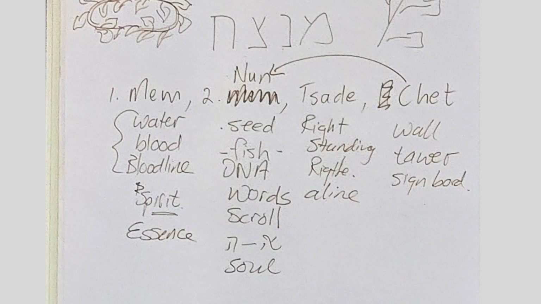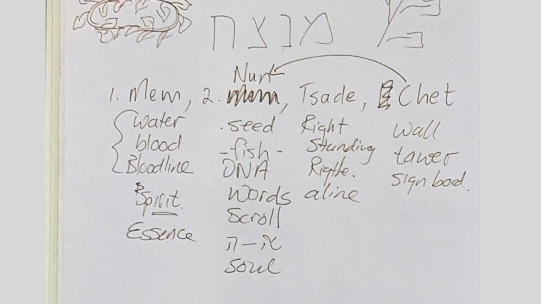Okay. So Tsade again talks about right standing, righteousness, align. And then Chet talks about a wall.